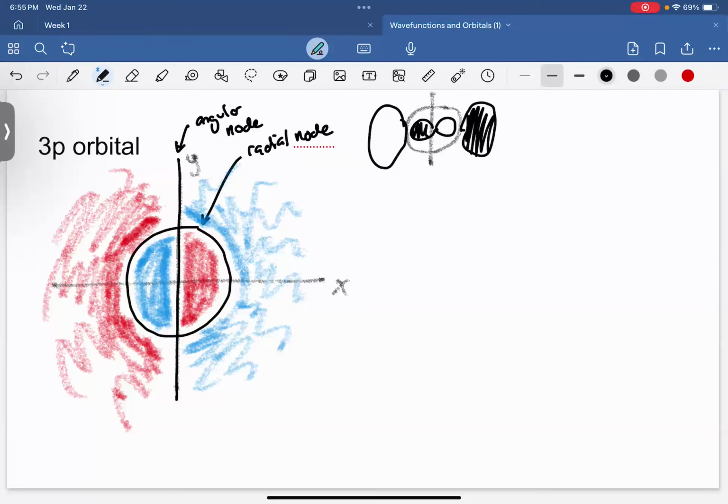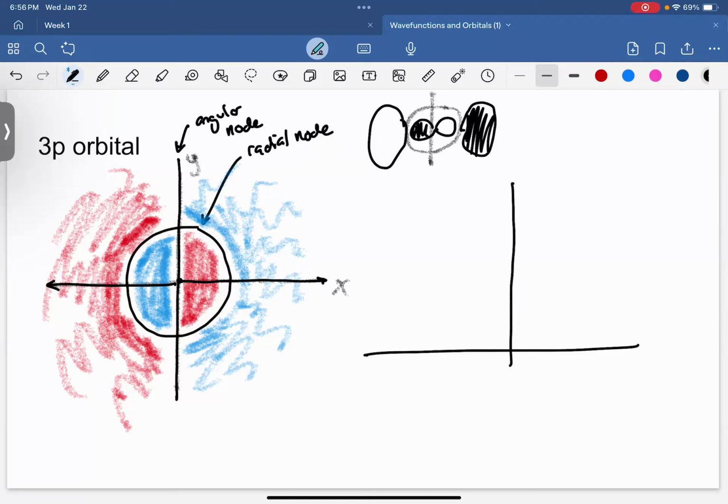And again, one thing that you should try for yourself is to plot what this function looks like as I go from here along the x-axis and the other way along the x-axis. So setting it up for you, you're going to plot psi 3p. I have a node at the center.